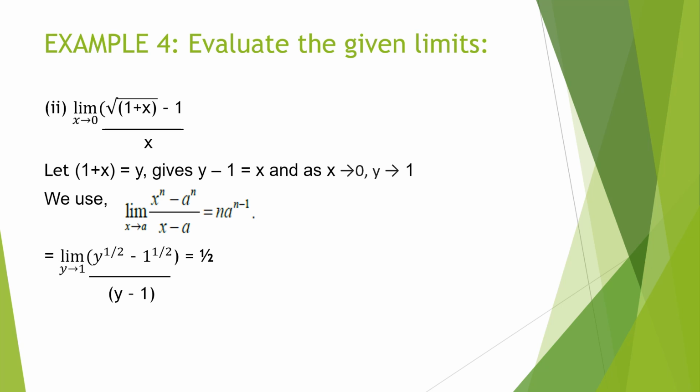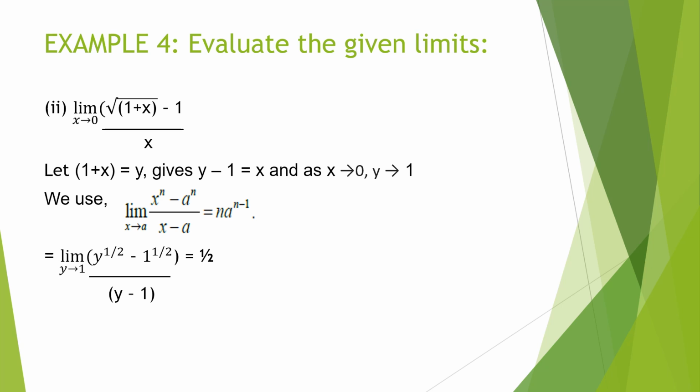Y tends to 1. Why? Because we have taken y minus 1 equal to x. So as x tends to 0, y will tend to 1. Remember, if you make these types of assumptions, then you need to simultaneously change the point at which you are taking the limit. So when x tends to 0, y tends to 1.